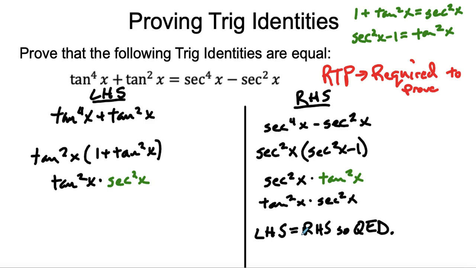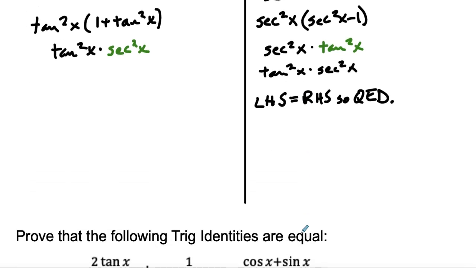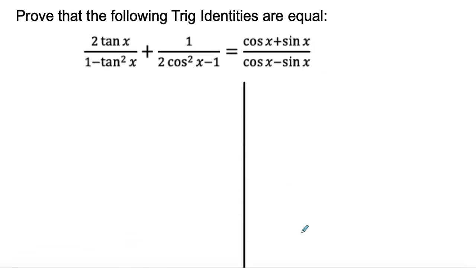Okay, let's try one more here. This one is a little more tricky, but there are some big clues in here to what to do, the first one being this first term here. So let's go ahead and write left-hand side and right-hand side, and we'll get to work.